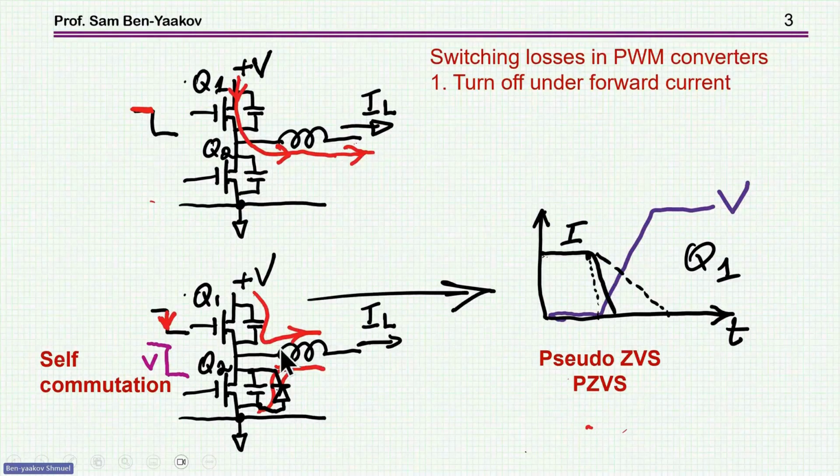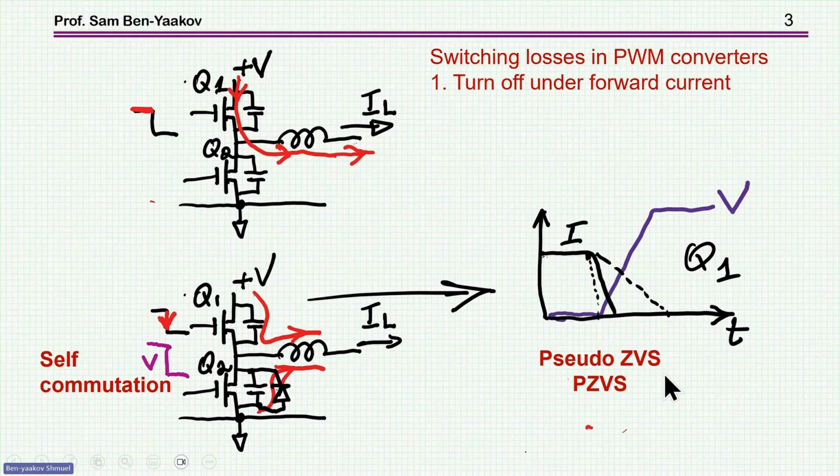Now, we need to have enough current so that this process will actually end at the point that the diode is conducting. But as far as this transistor goes, if I'm looking at it, I see the current going down, the voltage going up, and I'm calling this situation a pseudo zero voltage switching.